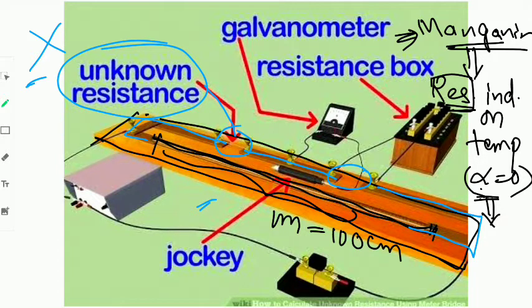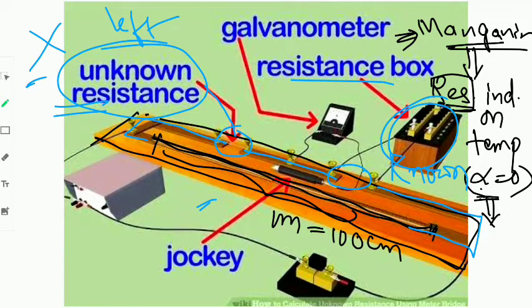The unknown resistance is connected in the left gap, and the known resistance is connected in the right gap. This is the resistance box. We can arrange the resistance 1 ohm, 2 ohm, 5 ohm, 10 ohm like this. These are the known resistances. The known resistance value is in the right gap, the unknown in the left gap.